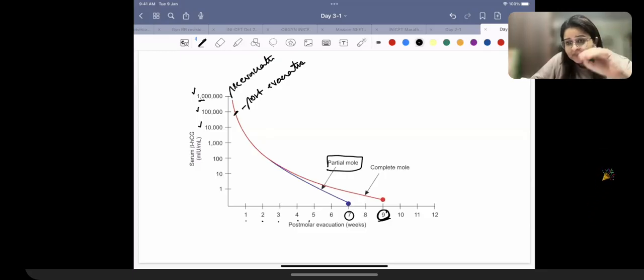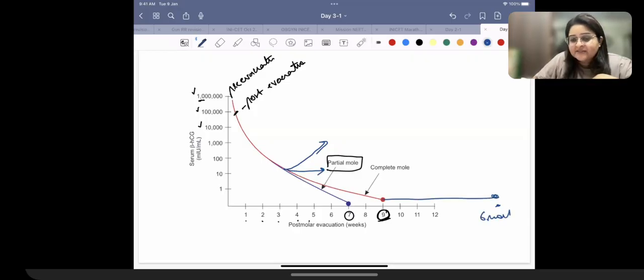Now, while you are plotting this regression curve, suppose the beta HCG starts rising again. Or suppose the beta HCG plateaus. Or even after 6 months of weekly and monthly follow-up, beta HCG is still present in the blood.